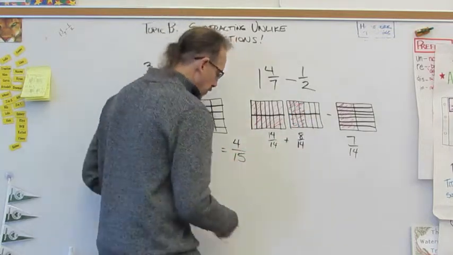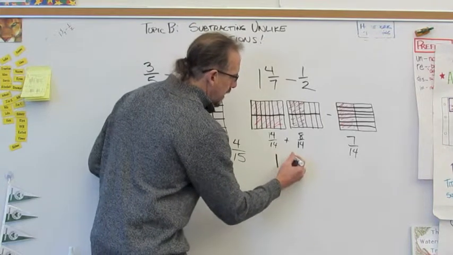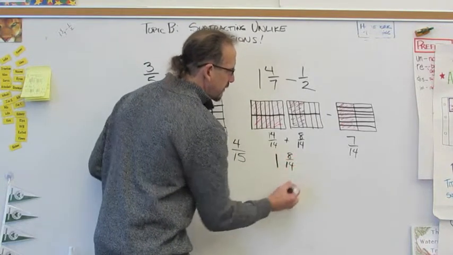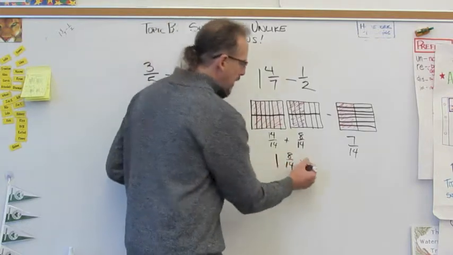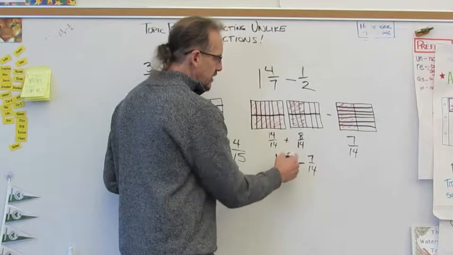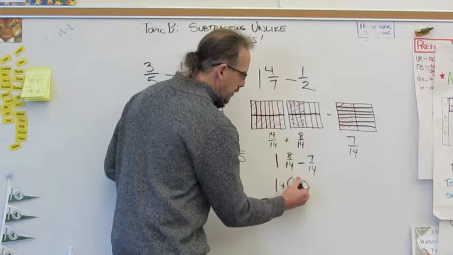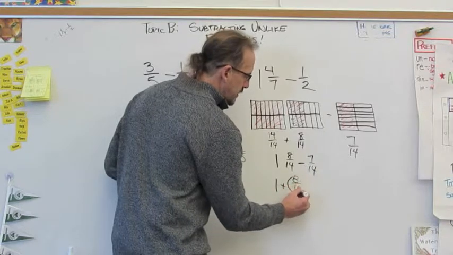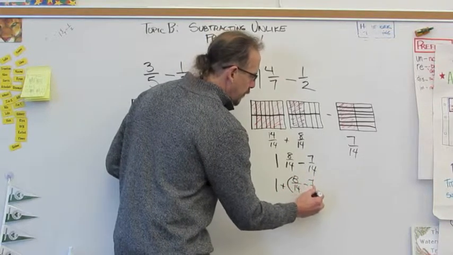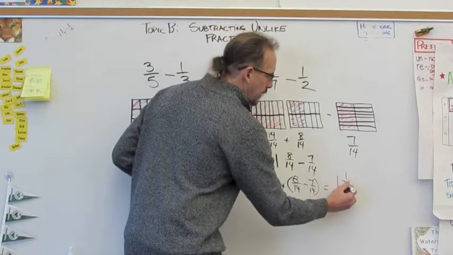So another way I could have looked at this was to say this is just 1 and 8 14ths. And now 1 and 8 14ths minus the 7 14ths, I can just think about it like 1 plus 8 14ths minus 7 14ths, which is equal to 1 and 1 14th.